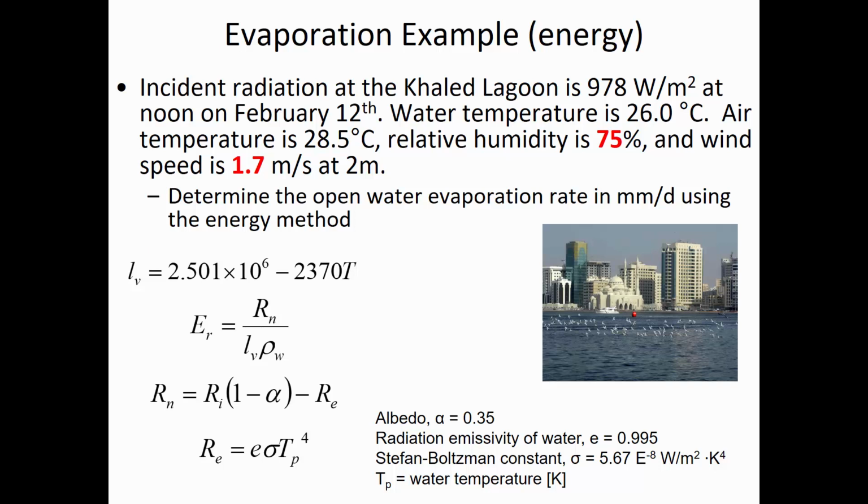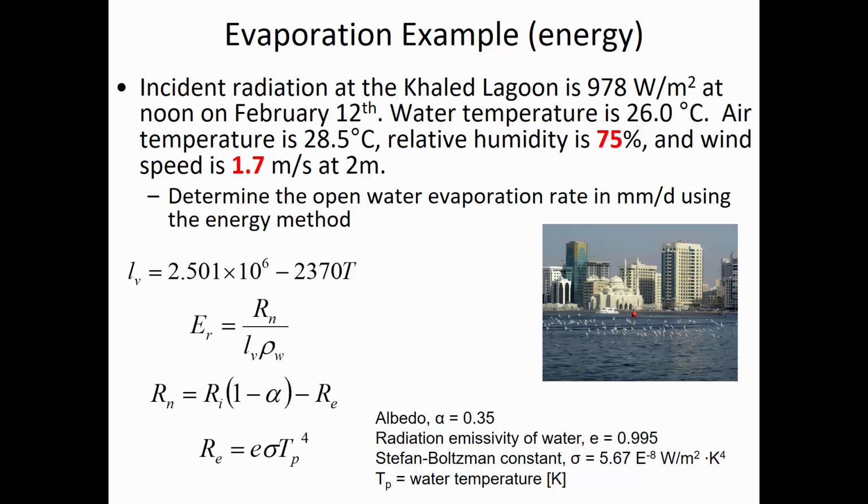And so the Stefan-Boltzmann constant is related to predicting how many watts per square meter are going to be emitted based on the water temperature. And so that constant says that 5.67 times 10 to the minus 8 watts per meter squared per Kelvin to the fourth.